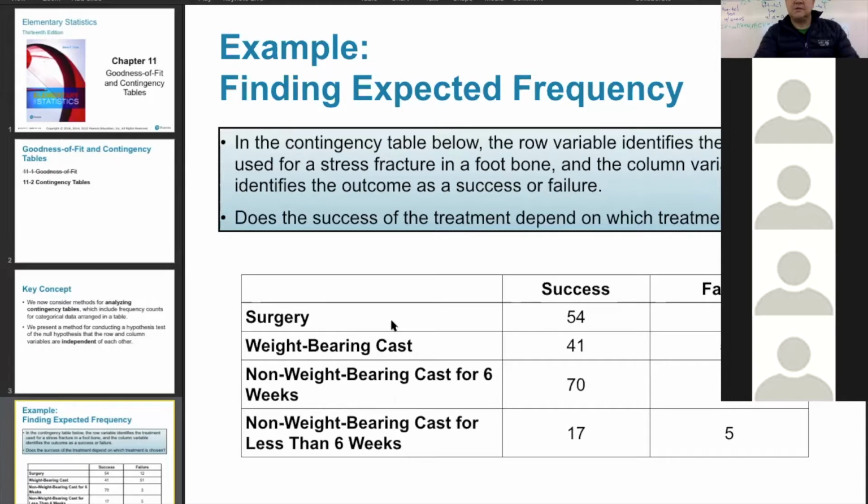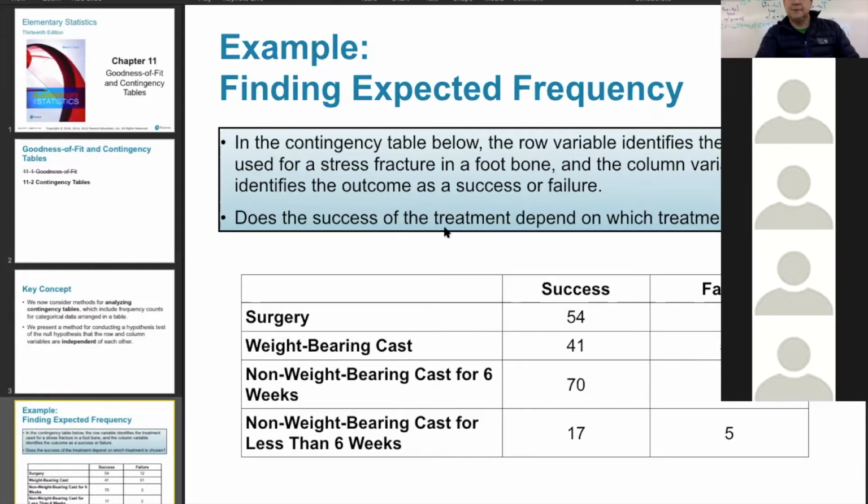These are different choices you have available if you have a stress fracture in a foot bone. Some statistics were recorded to decide whether each of these treatments was a success or a failure. So the two variables are the treatment and the results, and we want to decide whether the success or failure depends on the treatment.